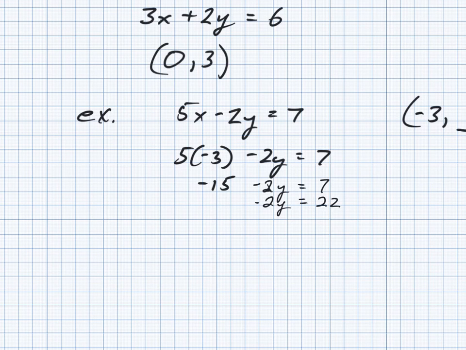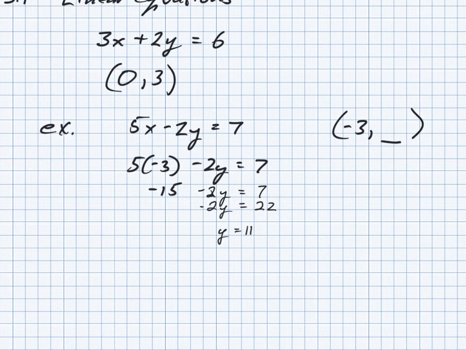And dividing both sides by the -2 gives me y equals 11, which we simply put inside the box here, and we're done. Okay, so if you look on page 104, I think that you're going to get the idea of what you need to do. Let's move on to section 3.2.